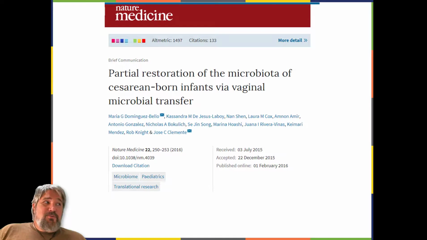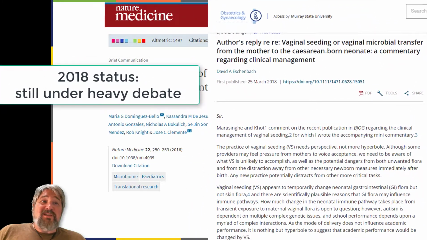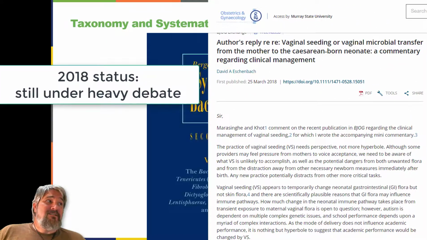Now, while it is true that the microbiota is partially restored, at least, to cesarean-born infants using vaginal microbial transfer, it has not yet been shown that that is a health benefit. If I read something different between now and when I upload this, I will update that here. All right, so back to the Openstax material.